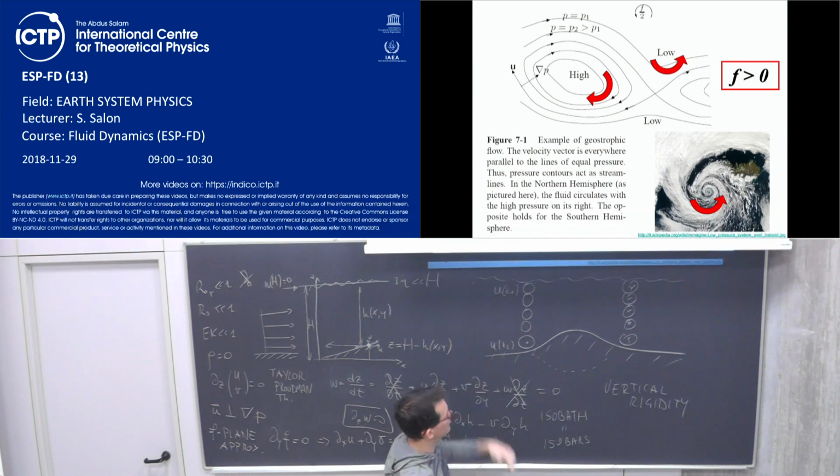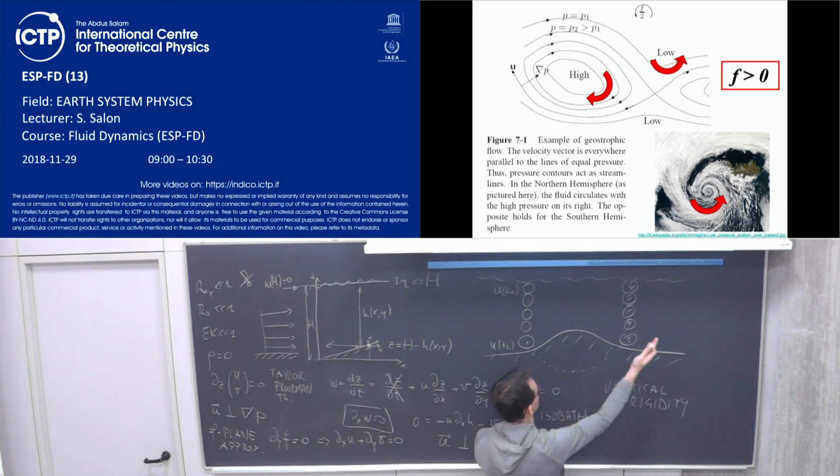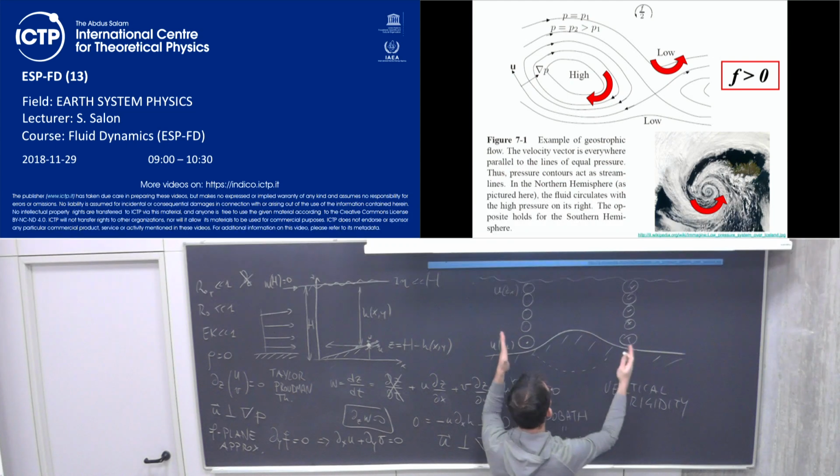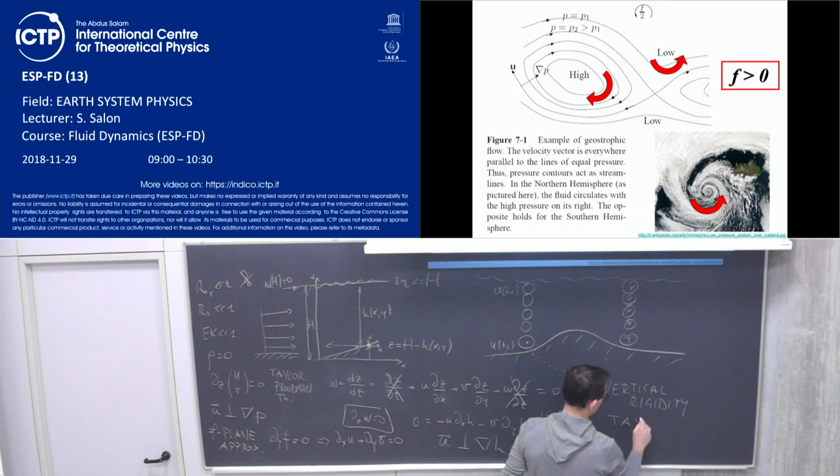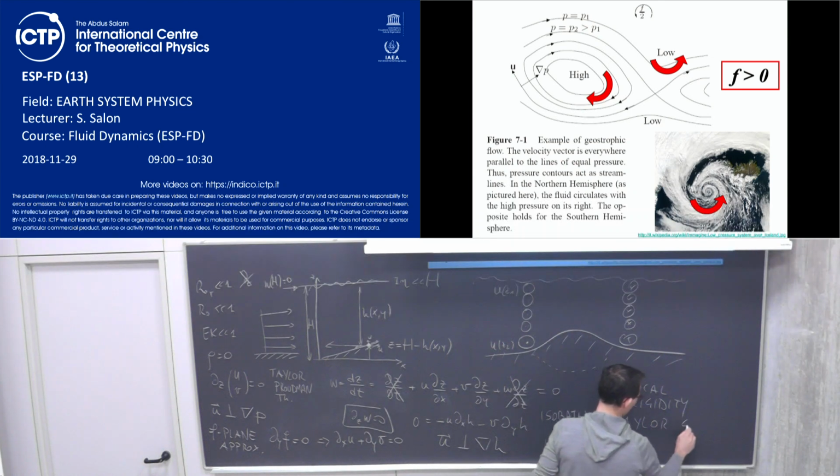The horizontal, zonal or meridional velocity, along x or along y. So in this configuration, you will have some sort of columns, and these are called Taylor columns.